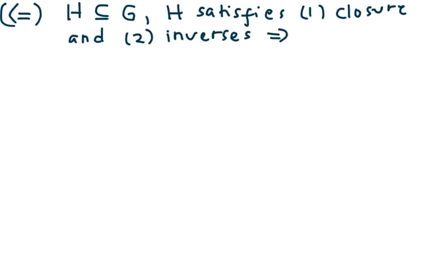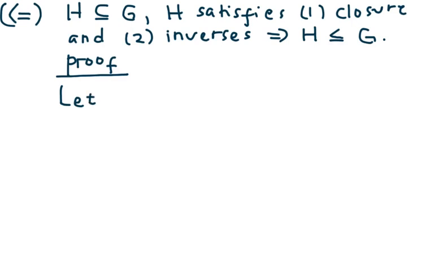Then we need to show that H is a subgroup of G. So proof. So we need to prove: we already have closure, and also we already have inverses. So we need to prove that H is associative, and also H has an identity element.